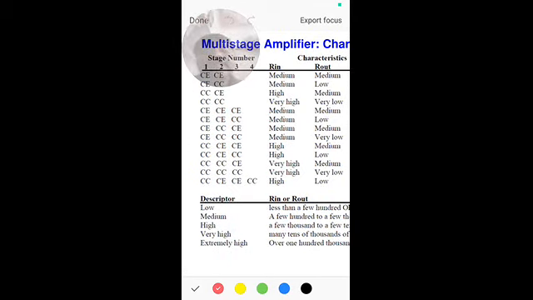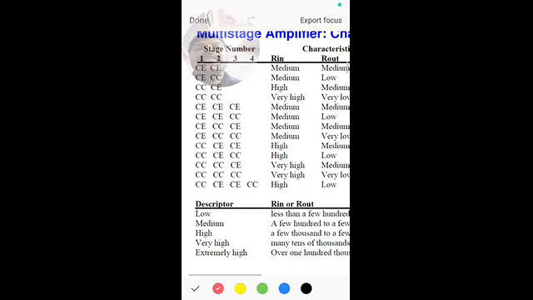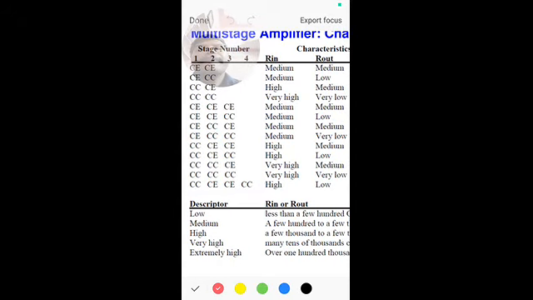Now consider the configuration CE, CC, CC. CE is the first stage, so we have a medium input impedance.